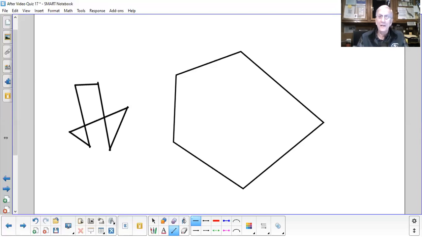That figure is definitely crossing itself. So a figure that crosses over itself like that on a plane is usually referred to as a complex figure. And of course, the opposite of being complex is simple, right? So, okay, it appears this is no good, right?